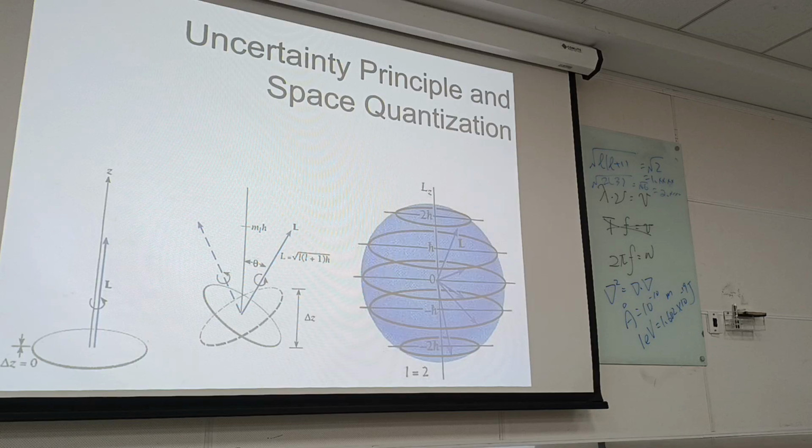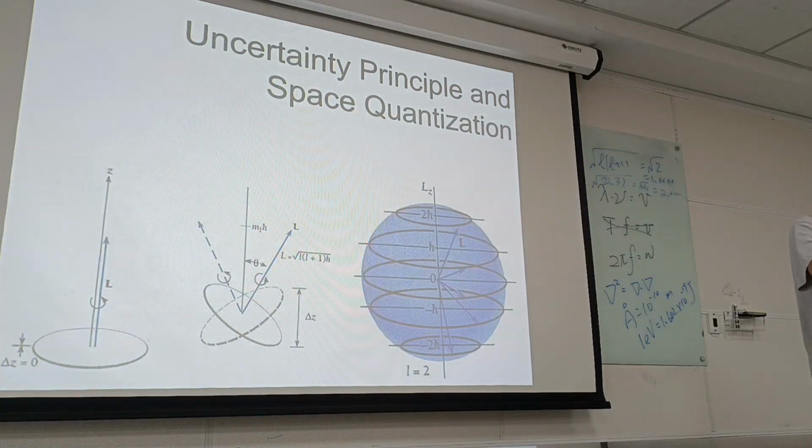That violates the uncertainty principle, so this is not correct. Remember, everything needs to be larger than or equal to h bar over 2. If L is in this direction, then they are certain, and we are not allowed certain things. The nature is uncertain. So it's no good.